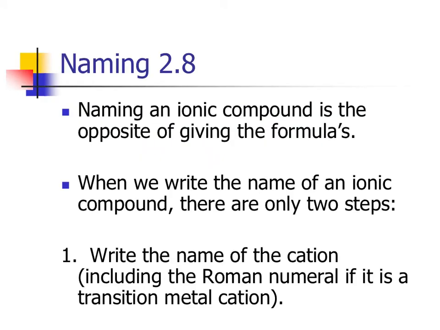So naming an ionic compound is the opposite of giving the formula for that ionic compound. First thing that we will do is write the name of an ionic compound, and there are two steps involved. The first step is to write the name of the cation, including Roman numerals if it is a transition metal, and we should also add lead or tin.